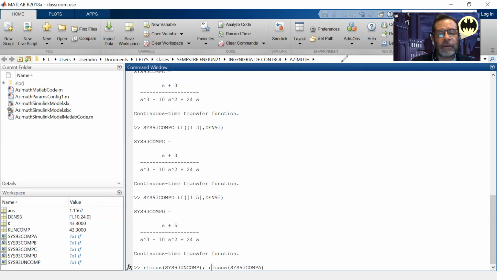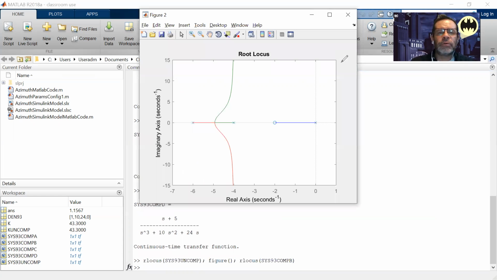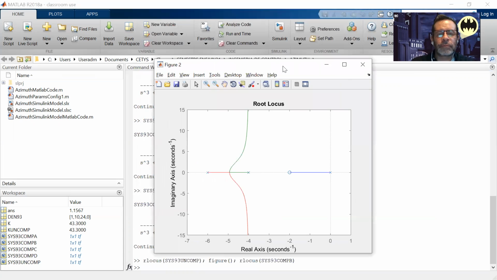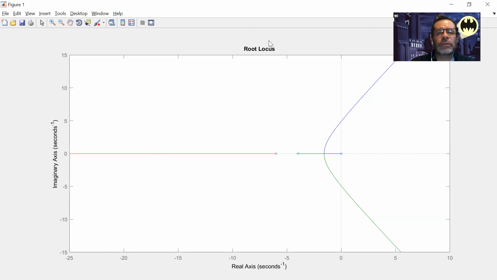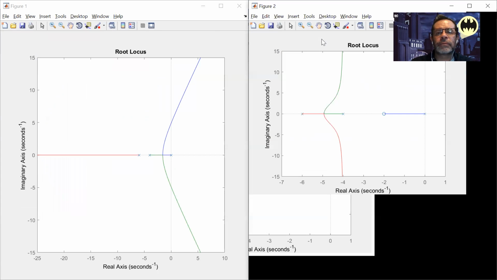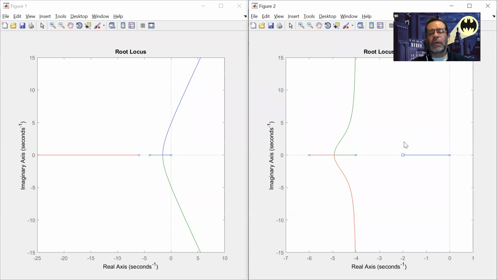Then I'm going to do another figure of the root locus of sys93 comp B, which is with the 2, I believe. Let's see how the root locus changes. Did I get the 2 graphs? Yes, I did. So this is one, and this is the other one.